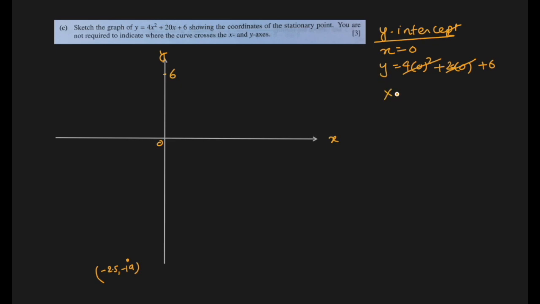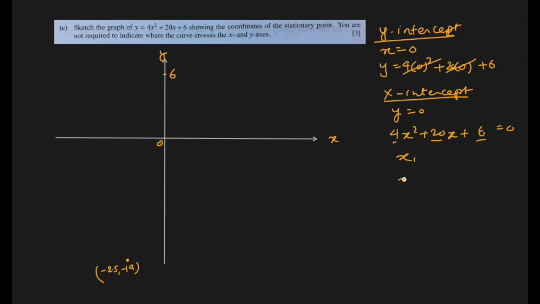What about x-intercepts? For the x-intercept, we will put y equal to 0. That means this equation equal to 0: 4x squared plus 20x plus 6 equal to 0. It's better to use a calculator to get these two values. So we can use our calculators where we put a equal to 4, b equal to 20, c equal to 6, and we get our answer.